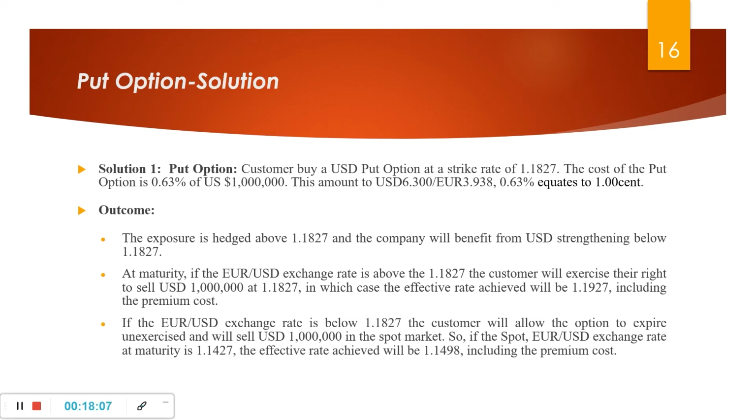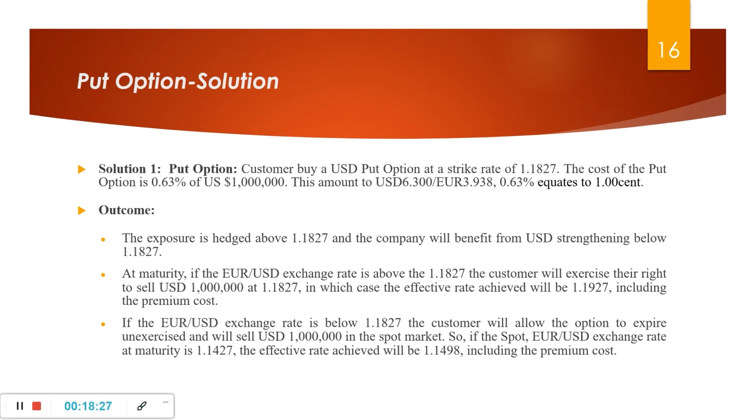1.1827. At maturity, if the euro/USD exchange rate is above 1.1827, the customer will exercise their right to sell USD 1 million at 1.1827, in which case the effective rate achieved will be 1.1927 including the premium cost.